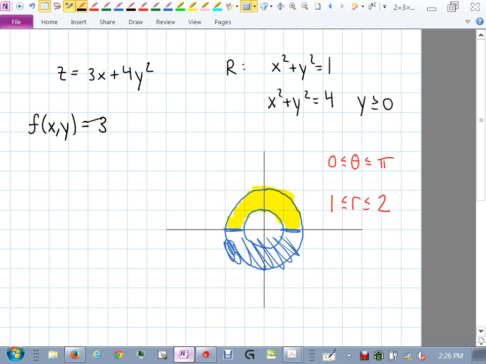In order to convert completely over to polar, I have to replace all my x's with r cosine theta, and all my y's with r sine theta. So the function is now 3r cosine theta plus 4, and then I need to square y, so that would be r squared sine squared theta.